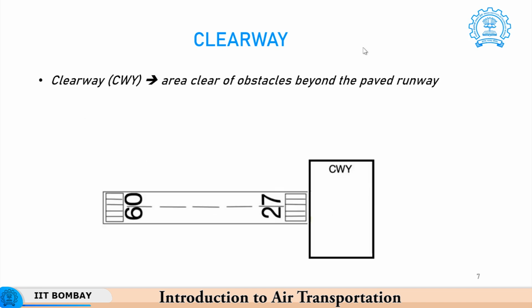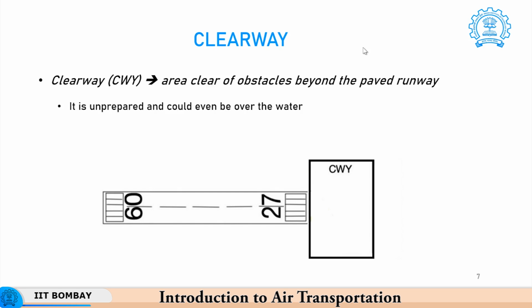So, clearway is basically an area which is clear of obstacles beyond the paved runway or at the end of the paved runway, and this is basically unprepared and could even be over water. So, as long as the airport authority has complete control on what comes up in this area and they can exercise control on not allowing anything that is not needed except for by function.